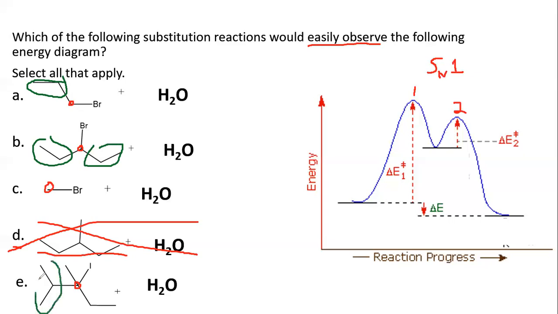And the fourth one has three groups of carbon sticks. So E would be the one that would observe the following energy diagram with the lowest activation energy. C would not exist because methyl bromide has a very highly unstable carbocation, so it would be very hard for the nucleophile to attack.